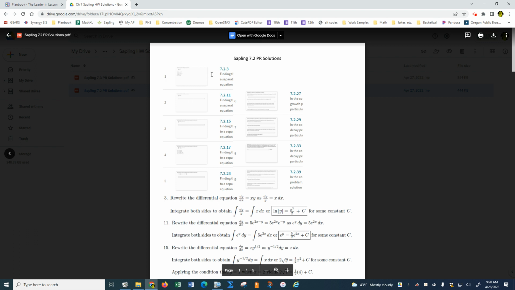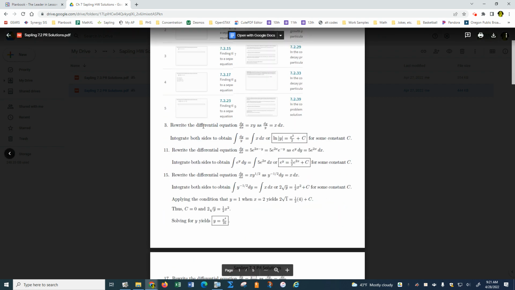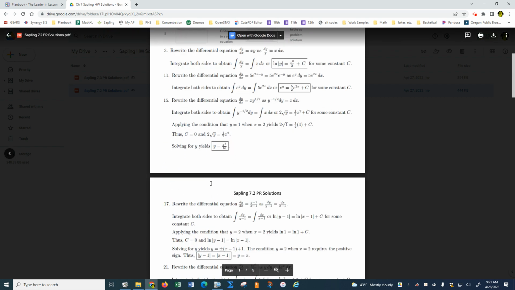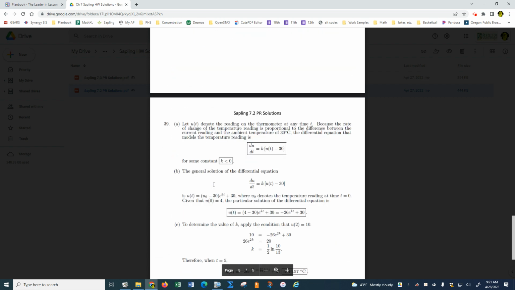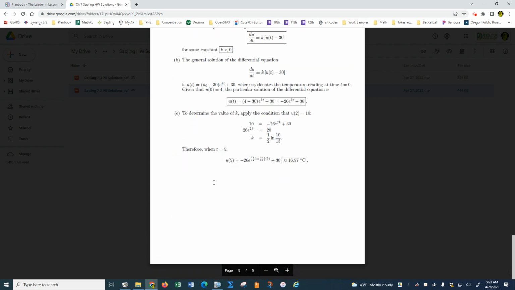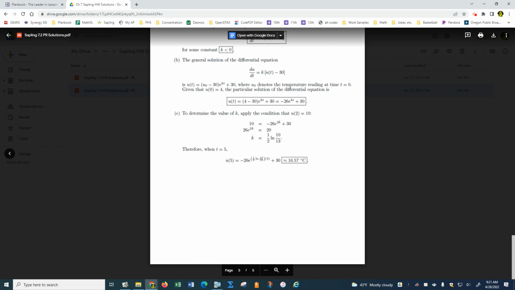So problem 1 is actually 7.2, number 3. Problem 7 is 7.2, problem 29. And down here they're referenced by the actual textbook problem numbers. So there's number 3, that's the first problem, and I just created little PDFs of the solutions for all those. That's a little more convenient than having to hunt all those down in those huge solution manuals. Okay? All right.